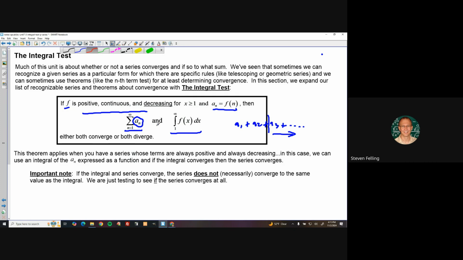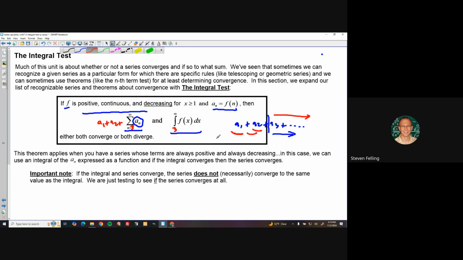So you can say, well, we've got these first two terms, A1 plus A2, plus the rest of the series starting at 3, and then you would evaluate this integral from 3 to infinity. Because as long as eventually this converges, you can just add on any number of finite terms. That'll become clear when we do more examples here.